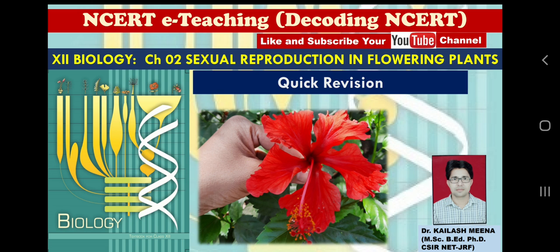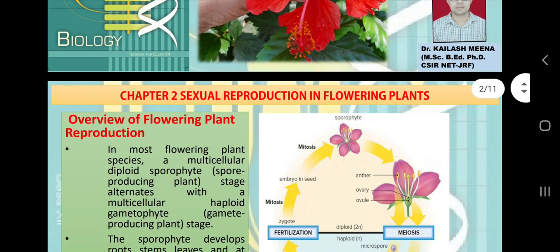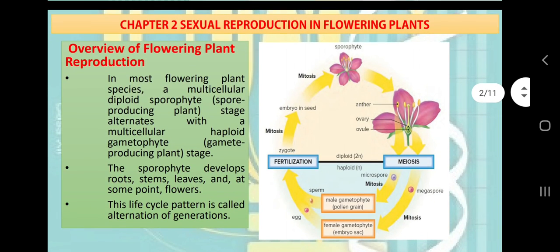And because nowadays the first periodic test is going on in Kendriya Vidyalayas, that is why I planned this lecture for quick revision. So let's start the chapter very briefly.